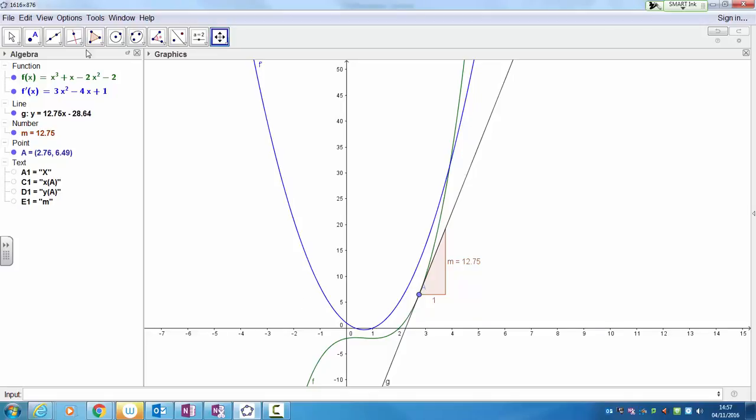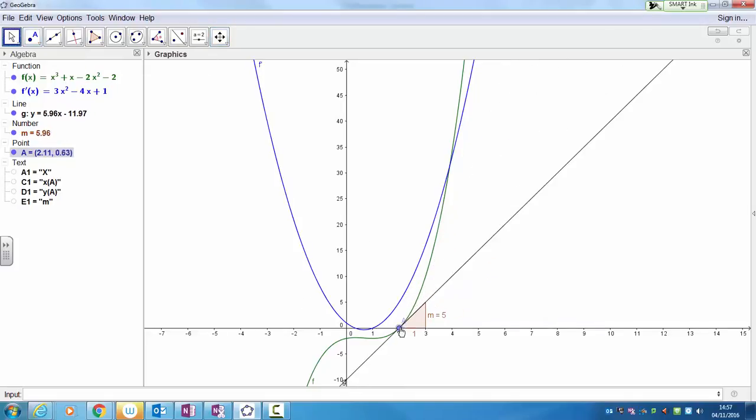If I move this down to x equals 2, as you can see here, the gradient is indeed 5. So if I plot the gradient function, when I move this down, when x equals 2, y equals 5.